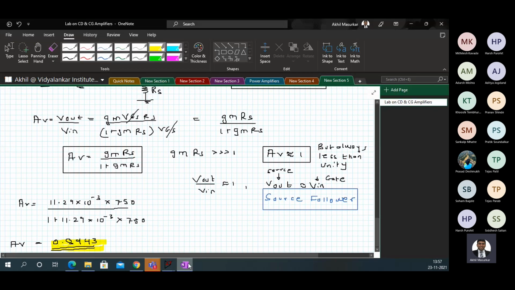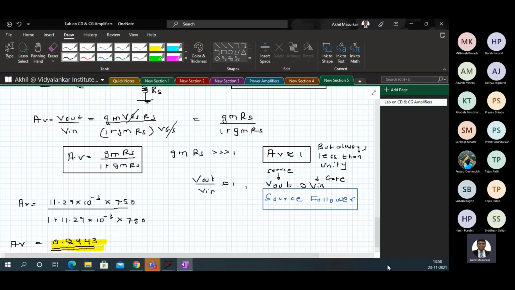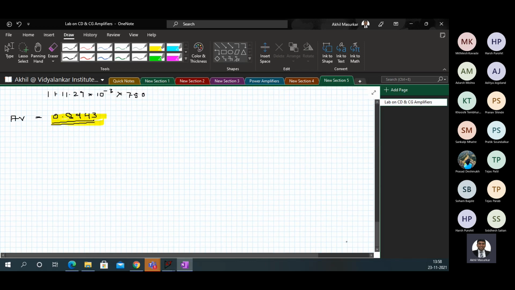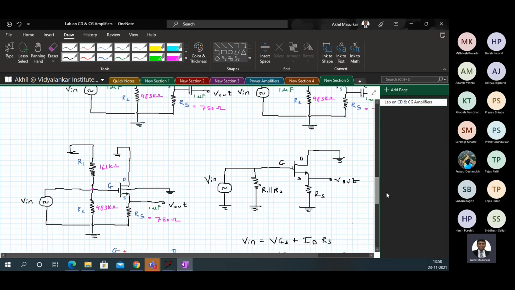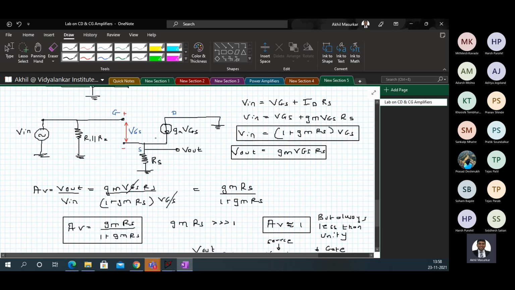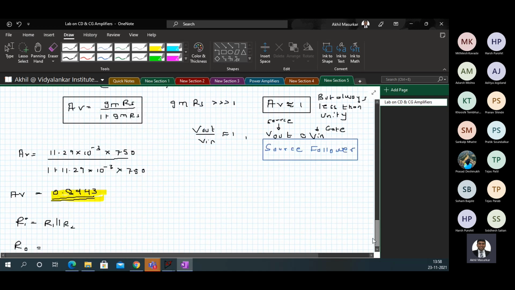Now in this circuit here, let's calculate Ri and R0 also. So Ri is R1 parallel to R2, and R0, what will be the value of R0? First you tell me, R1 parallel to R2 is how much?